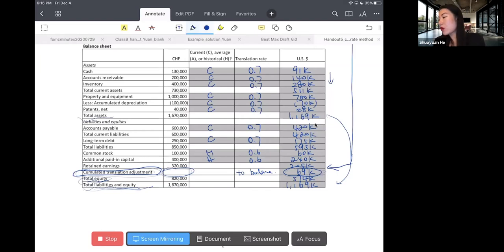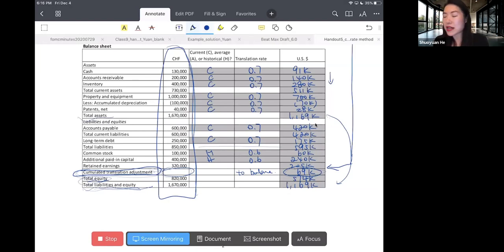Just a very quick note. Without this account, your balance sheet is not going to be balanced, because as you can see here, the original financial statement for the foreign subsidiary is balanced under the foreign subsidiary's local currency, right? And then when we do the translation, we are applying different rates to different items. So of course, after translation, this balance sheet is not going to balance.